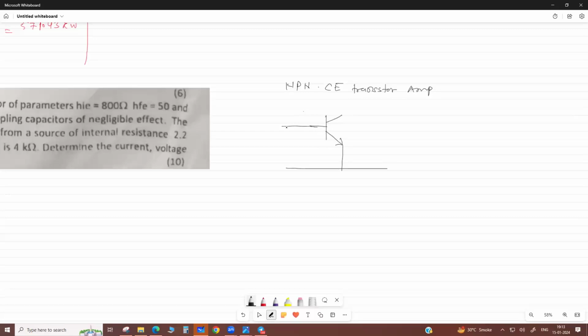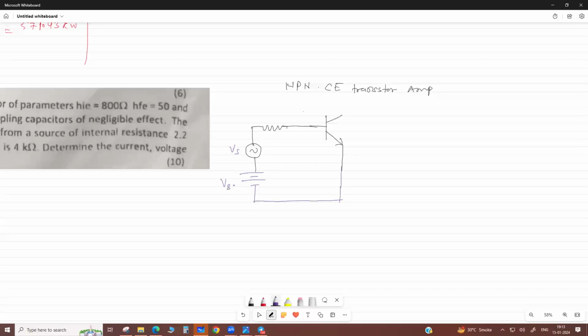Now this is the base, so there is a biasing resistance in series. Then we have a source here. Now here is another, the signal which needs to be amplified, and the supply voltage source. Then here we apply the base voltage.